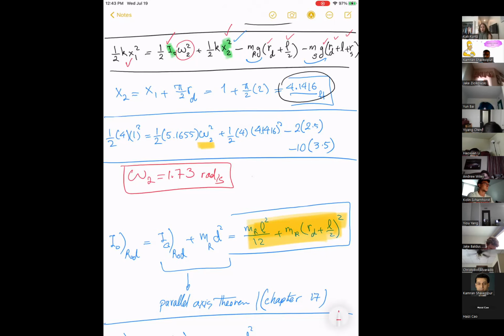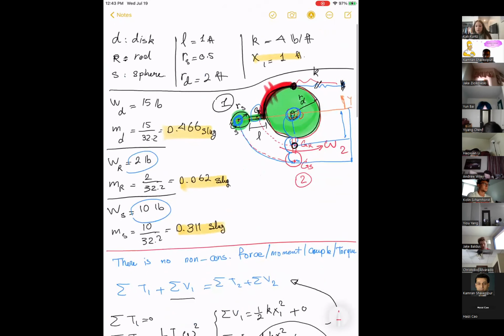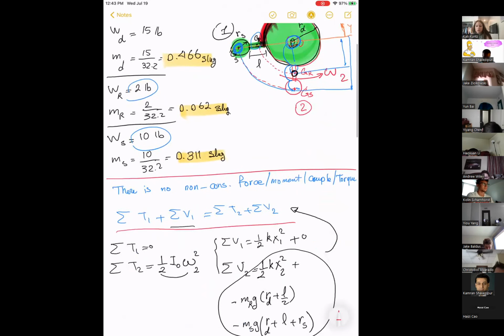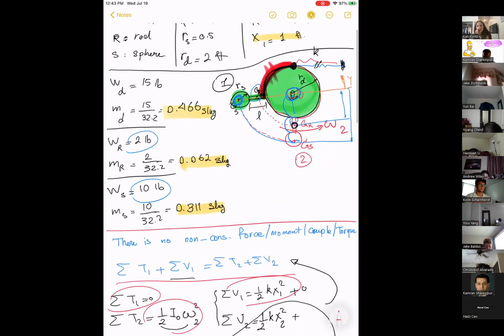Can you guys pause for a second and look here, because I want to explain the whole process again. In this problem, the physics wasn't complicated. Getting into this equation was easy, just terms, no problem. The only thing is the complicated geometry.